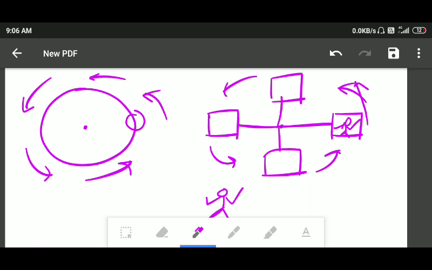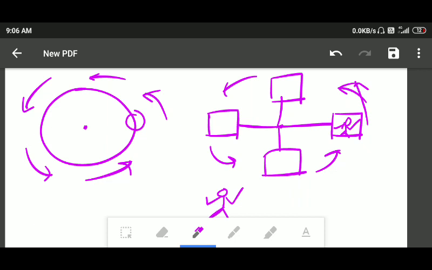Whenever an object leaves the path of circular motion, it moves in the tangential direction. So every time you will feel that an outward force is working on you, and if the giant wheel breaks, you will be thrown outward of that circular path.